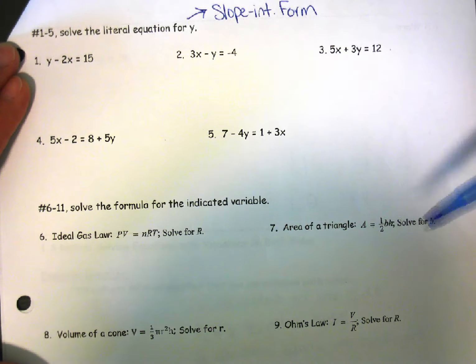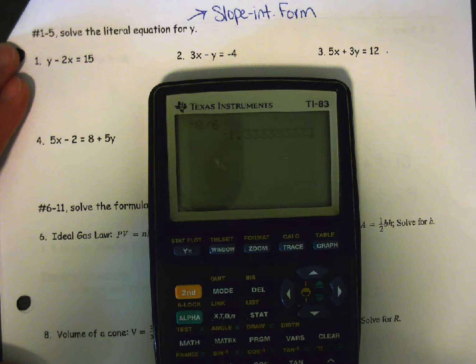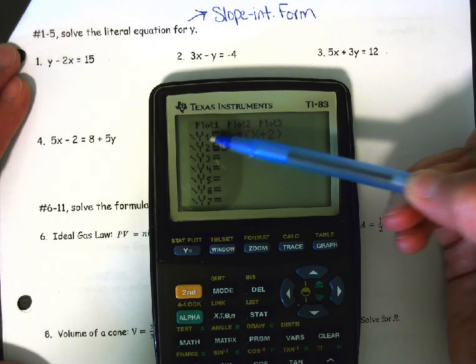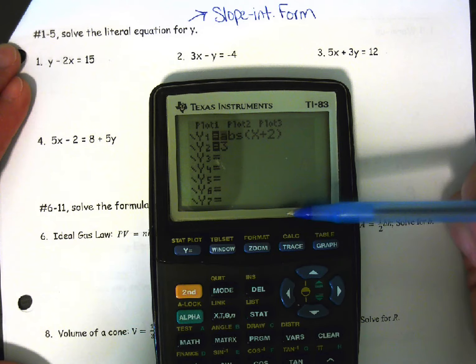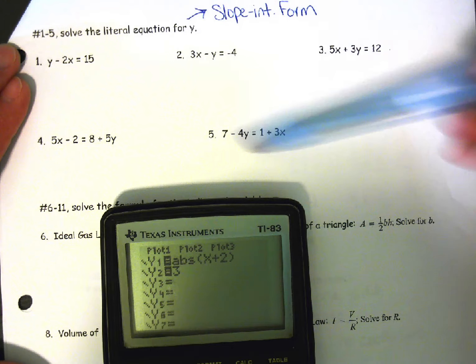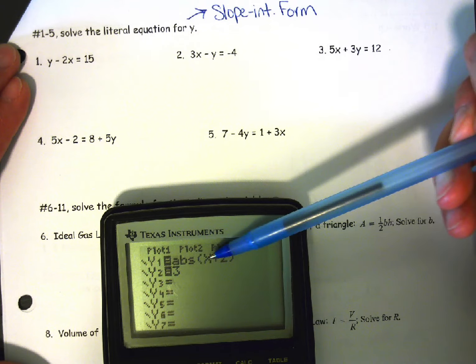And if we use Desmos, or even if we look at our graphing calculator, notice when we try to graph, our graphing calculator only understands y equals. So if you were trying to graph number 5 from your homework assignment, you have to get this into y in order to type it in the calculator.